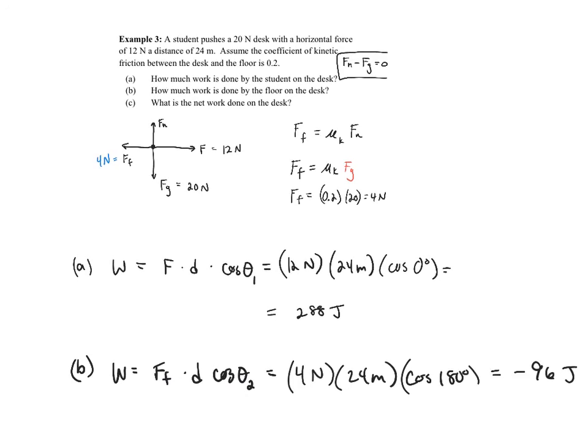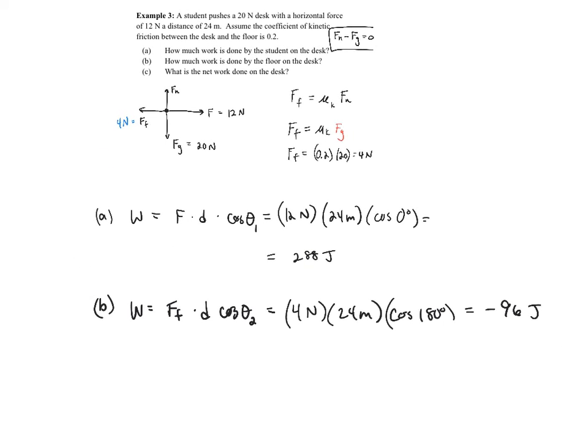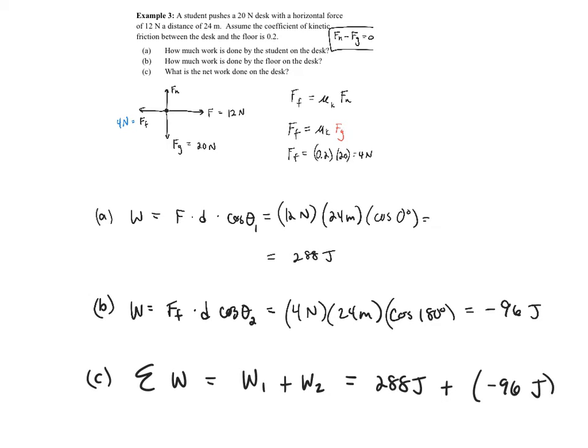So in part C, it says to find the net work done. So we've got positive work done by the actual student, which is 288 joules. And then we've got negative work done by friction.